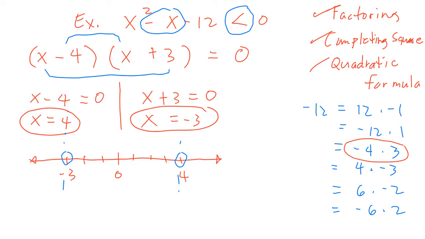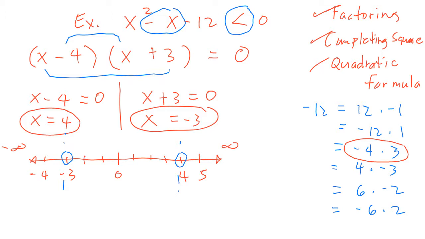Okay, so let's put the label. This is -infinity here. Going to the right is +infinity. Okay, so we have our -3 here, and we have +4 here. Okay, so we have those three regions.